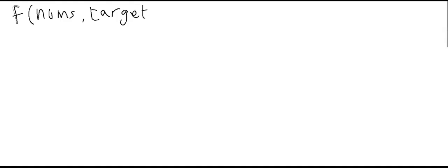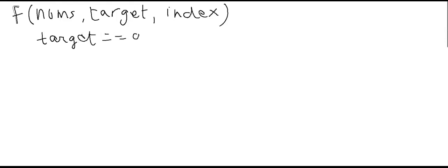And if we can find such a subset, then we return true, and the index for the array. And then we had a couple of base cases: if our target is equal to 0, that means we already found a subset whose sum is equal to target, so we return true in that case. If our index is less than 0, that means we are done with all the array elements and we return false.